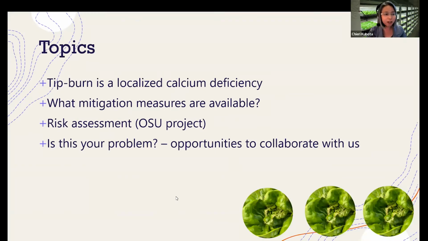So let's start the talk. Today I'd like to focus on four things. One is the goal that you understand that tipburn is a localized calcium deficiency. It's not because calcium is not available in the root zone, but because it's not delivered to the needed area. And then also mitigation measures: I'd like to introduce what kind of measures are available, and the risk assessment approach we are working on right now.